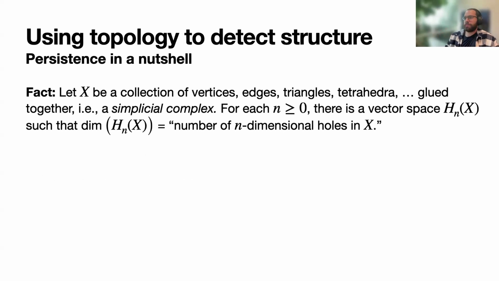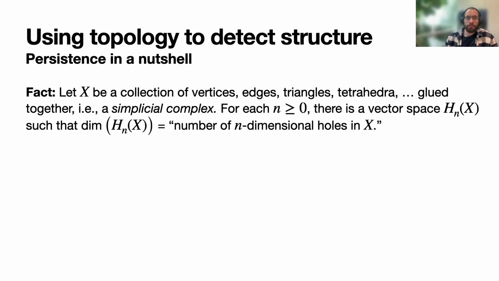We're going to use a collection of mathematical tools called persistent homology. And we'll go on a five to ten minute discussion of that now. The basic fact that I'm hoping you'll take on my word is that if I let X be a collection of vertices connected by edges, which maybe form triangles, which maybe form tetrahedra, and I glue them together in suitably appropriate ways, then there is a mathematical construction, a particular vector space called its homology.